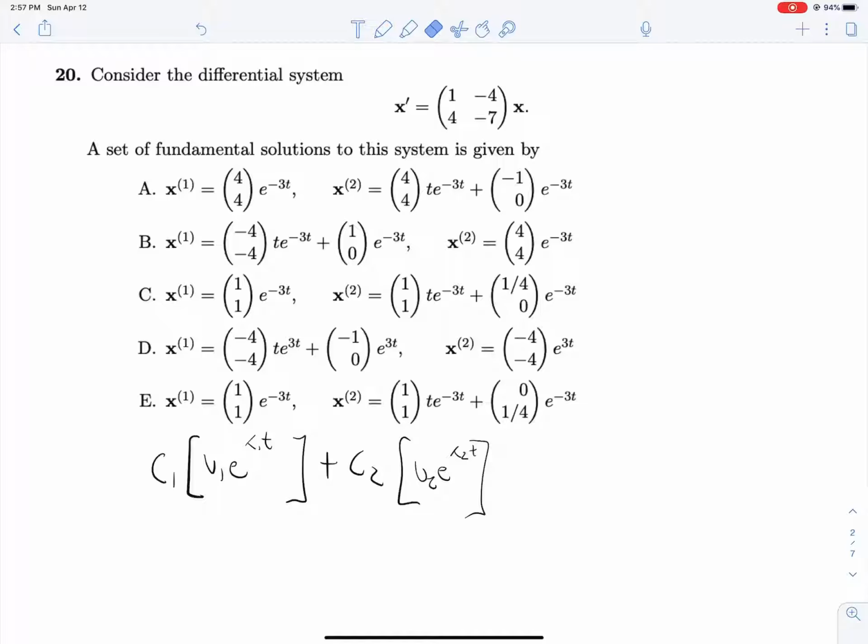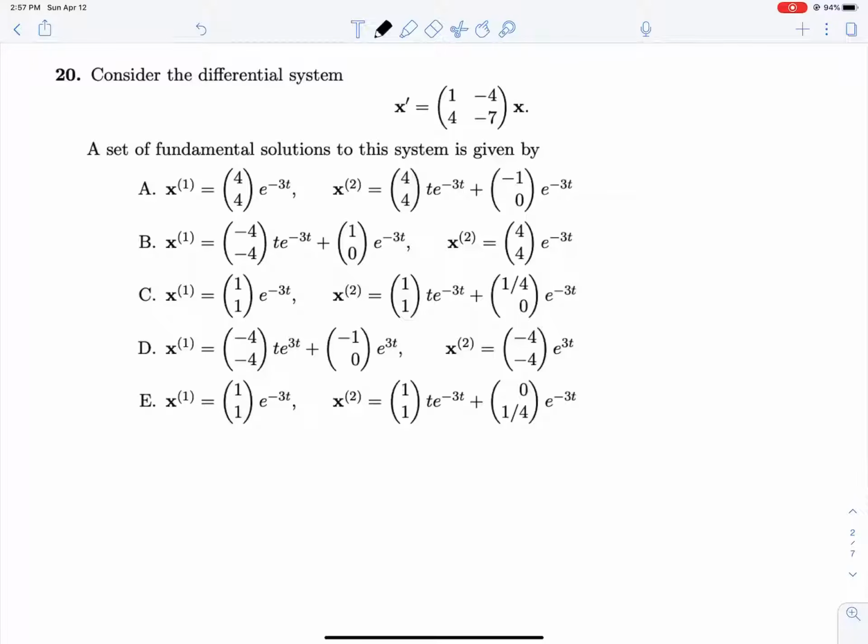But because we're getting two solutions, some multiplied by t, some not, we're expecting to get some multiple eigenvalues to deal with yet again.